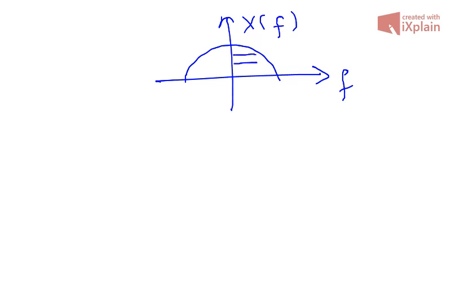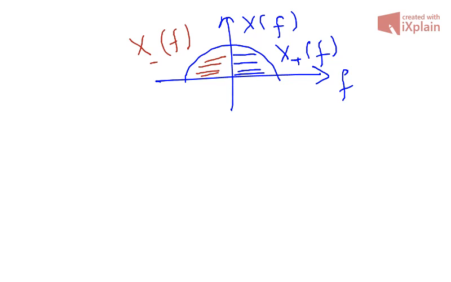For a baseband signal, this side we say is X positive of f, and this side is X negative of f. We define the positive spectrum by X positive of f, and the negative spectrum X negative of f.